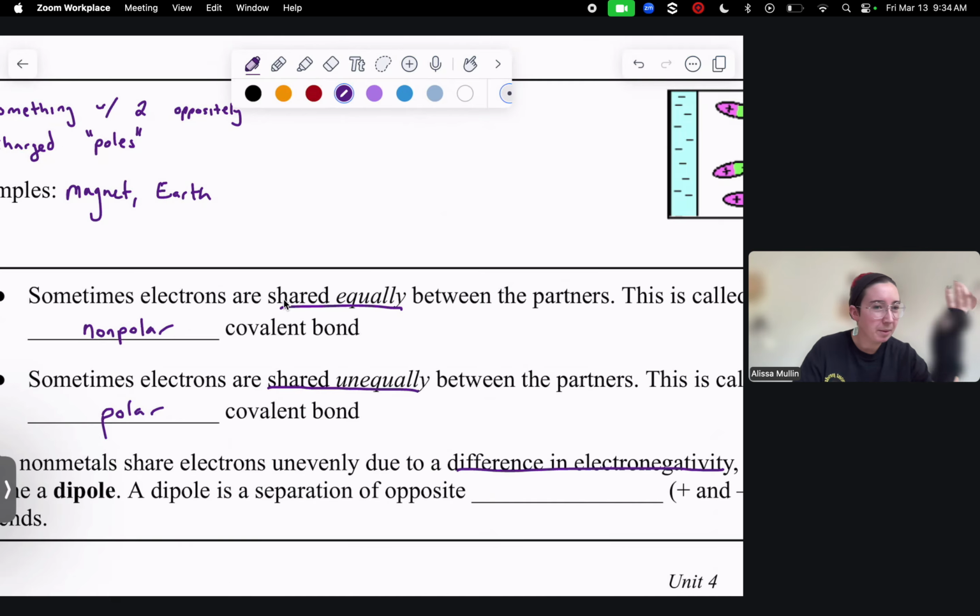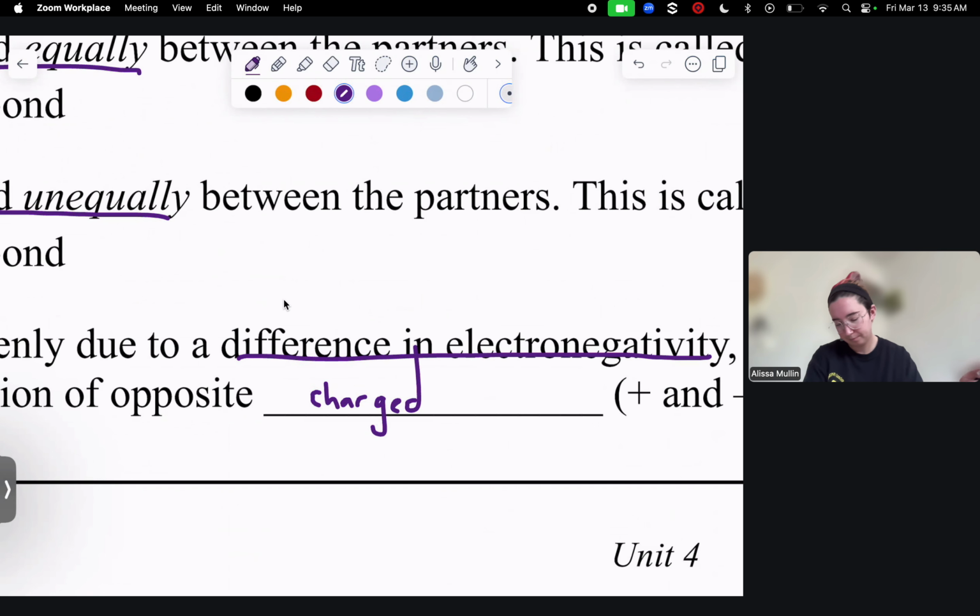And we call that being polar. We also sometimes use the word dipole. Dipole just means di is two, and then pole. It's just another word for having two oppositely charged poles, like in our bonds if they're not sharing equally, or in our molecule if there's like a positive on one side and a negative on the other.